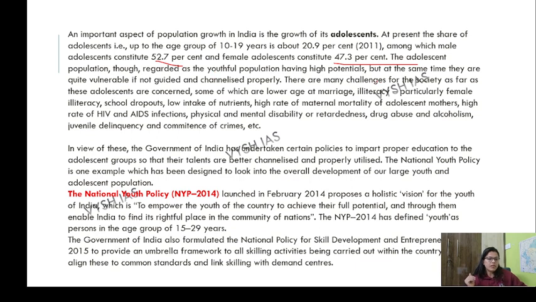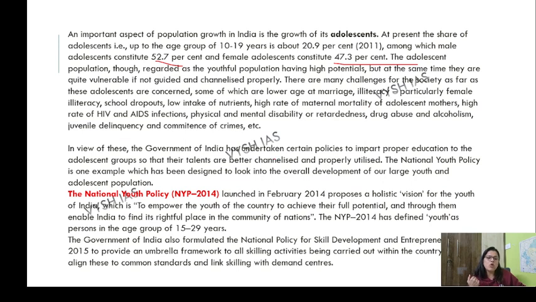There are many challenges in society concerning adolescents: lower age of marriage, illiteracy, particularly female illiteracy, school dropouts, low intake of nutrients, high mortality rate of adolescent girls, infections like HIV and AIDS, physical and mental disability, drug abuse, alcoholism. Adolescents are the most youthful, but also the most vulnerable.